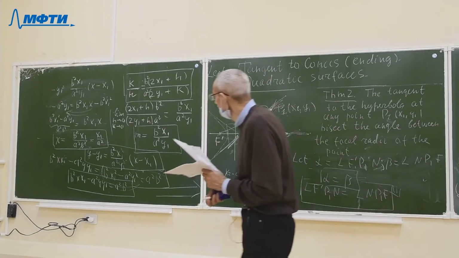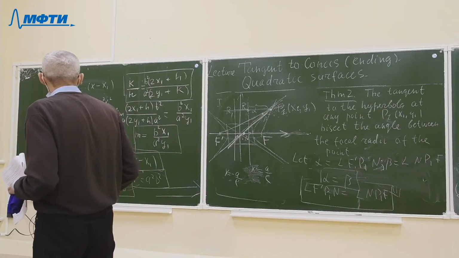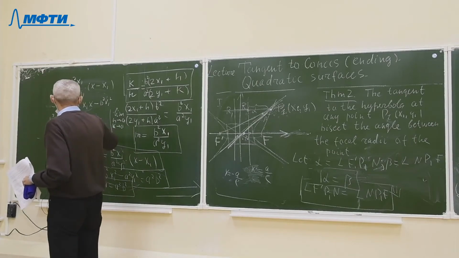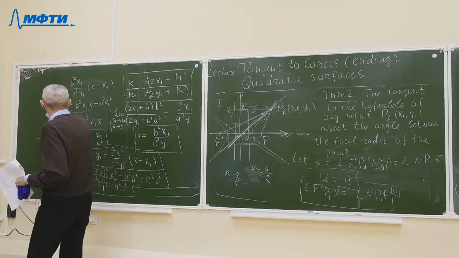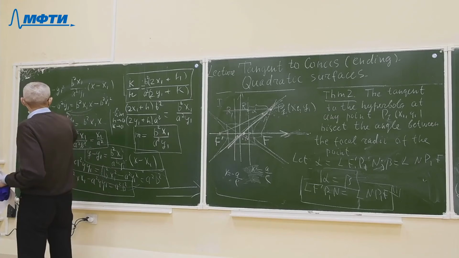Shouldn't y1 be squared, I think, in the second line, minus a2 y1 squared? Okay, let's check. I transform this equation in the following way: b square.